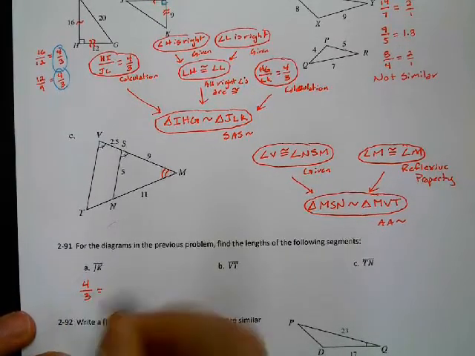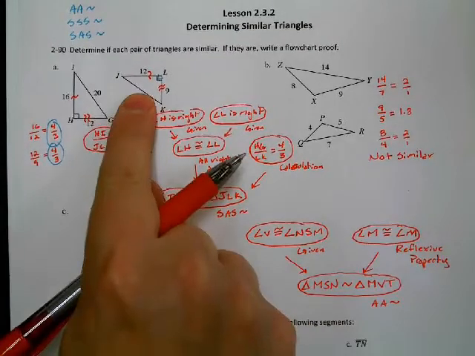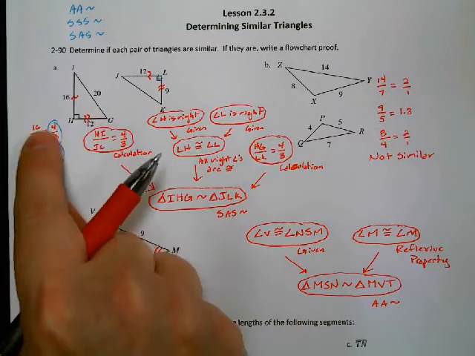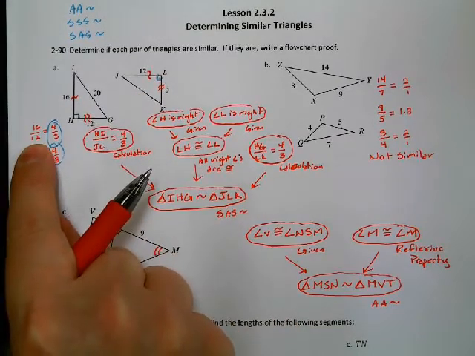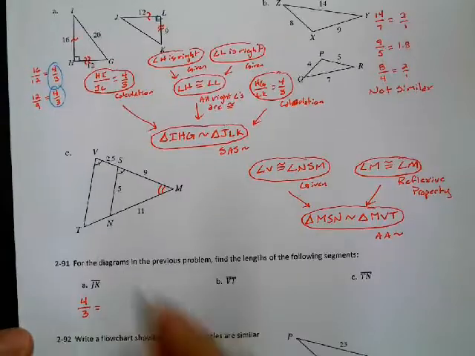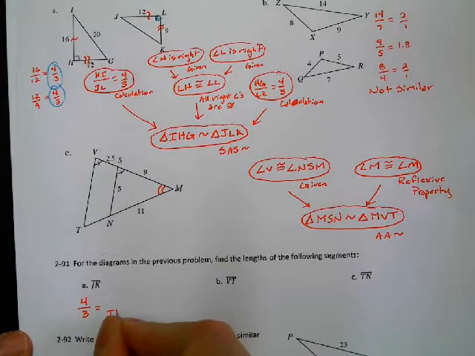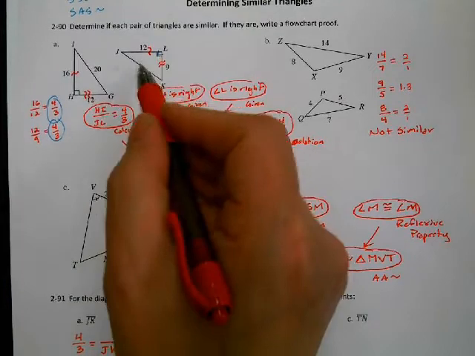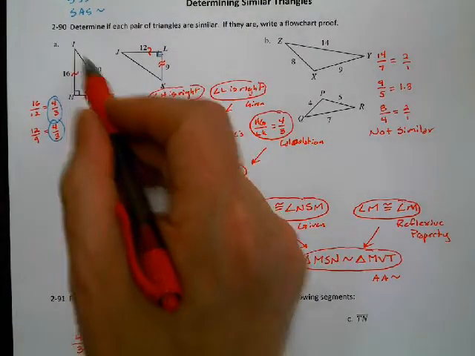Now JK is from the second triangle, that's the smaller one, that goes in the denominator. The big triangle we put in the numerator, the small triangle we put in the denominator. So I'm going to put JK down here. And now I have to see what corresponds with JK. JK was the hypotenuse here, so that should correspond with 20 right there.